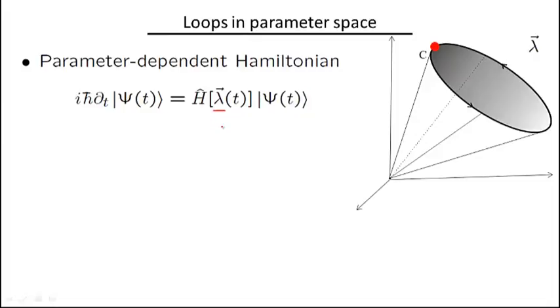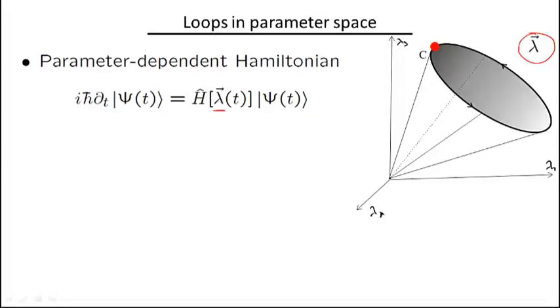In principle, it could be more than one parameter, and we just construct a vector in the parameter space, which doesn't have to be three-dimensional. But for the sake of simplicity, let me imagine that I have a three-dimensional parameter space. So let's say this is going to be lambda x, or lambda 1, lambda 2, lambda 3.